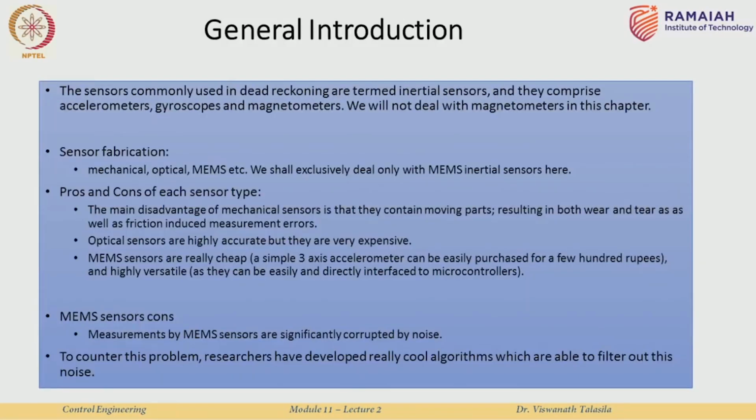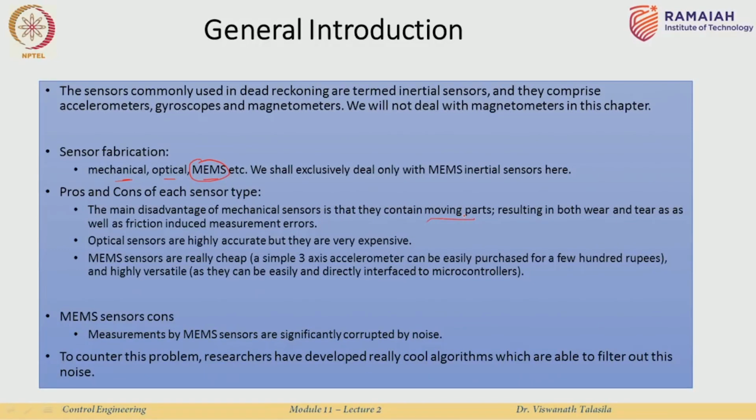Okay, so, general introduction. There are various types of inertial sensors, and these depend on how you fabricate and design them. So you have mechanical, optical, MEMS, and so on. We are going to be exclusively focusing on MEMS sensors in this series of lectures. I will explain why later. The main disadvantage of mechanical sensors is that they contain moving parts, so there is a significant amount of wear and tear.